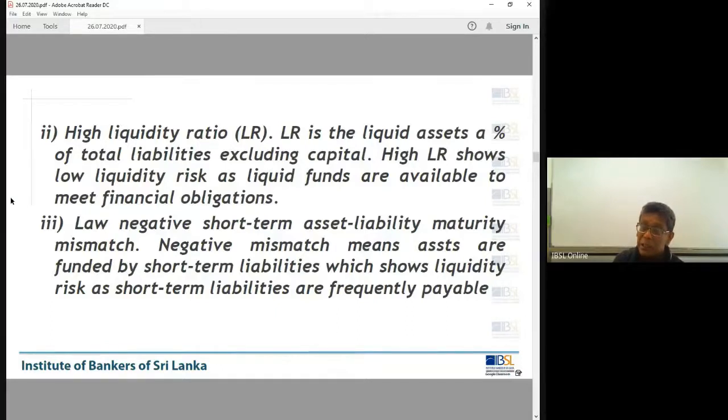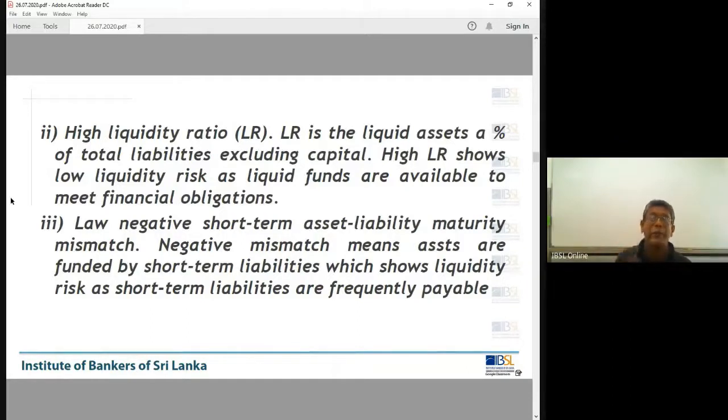The minimum percentage of your deposits is 20%. You need to maintain 20%. So if you have a high liquidity ratio, more than 20%, you are not facing any financial problems. You have money with you to meet the financial obligations. So that means you have enough money.